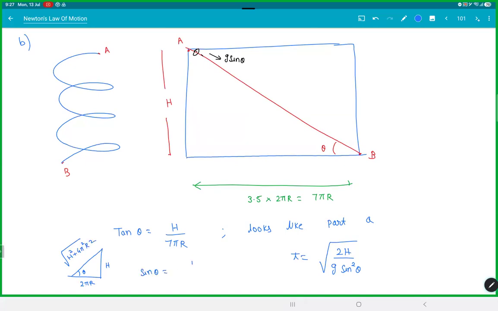Yeah, it looks big, but it's not a tough question. The main thing was figuring out that the helix is the same as an incline. Once you got that, this question is as good as the previous one. Motion along a helix is the same as motion along an incline.